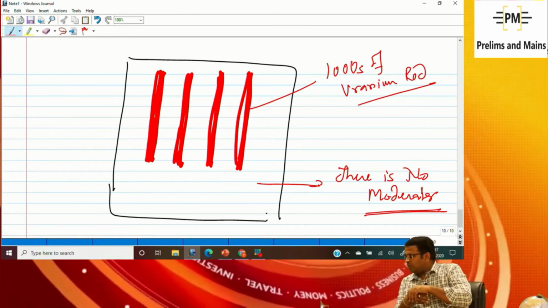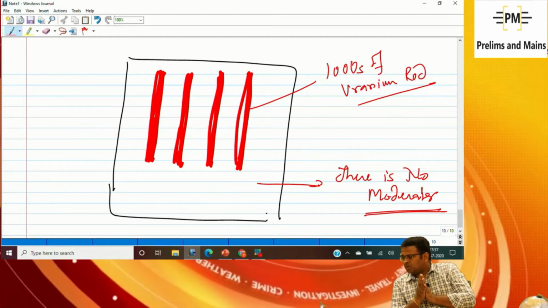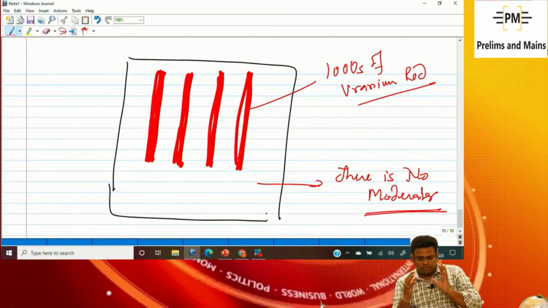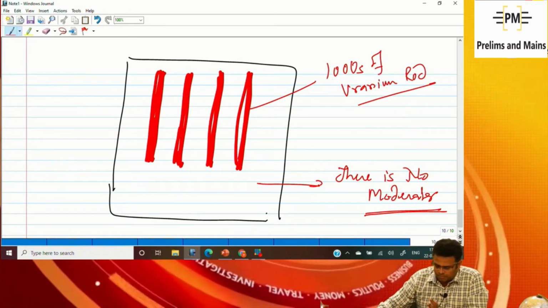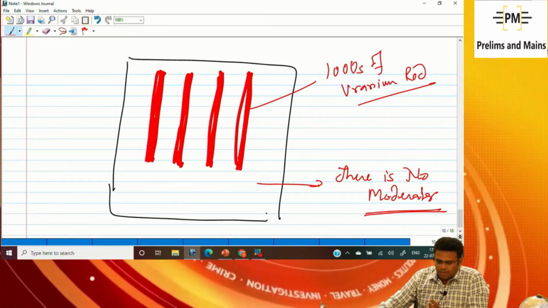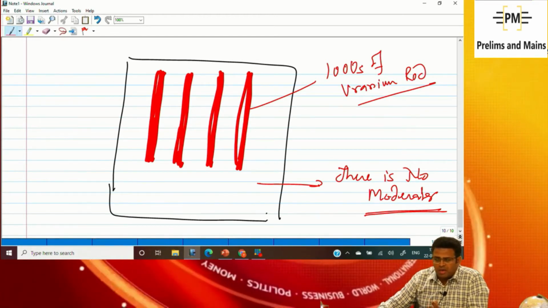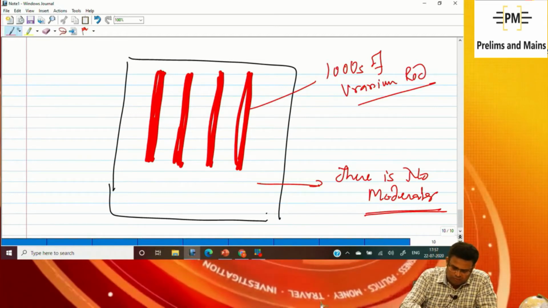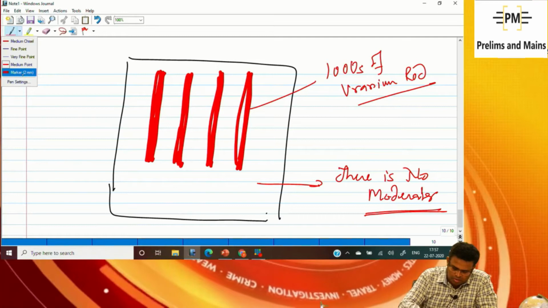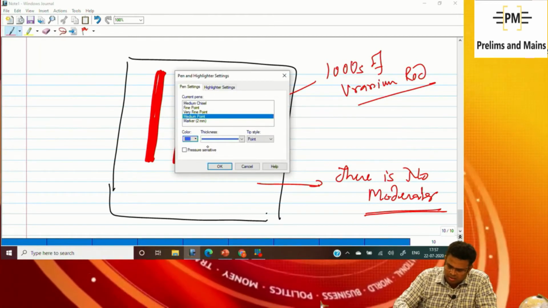Is it clear to all of you? What is my question? What is the meaning of thermal neutron? The moderator has reduced the speed, but if I have no moderator, then how can I reduce the speed?